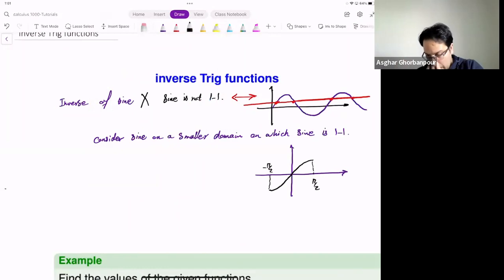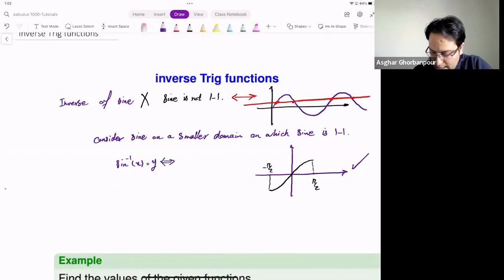So we restrict our function to the domain -pi/2 to pi/2. And then, while here it is 1-to-1, I can define sine inverse of a number there. This is y if and only if y is equal to sine of x. So in other words, it's going backward.